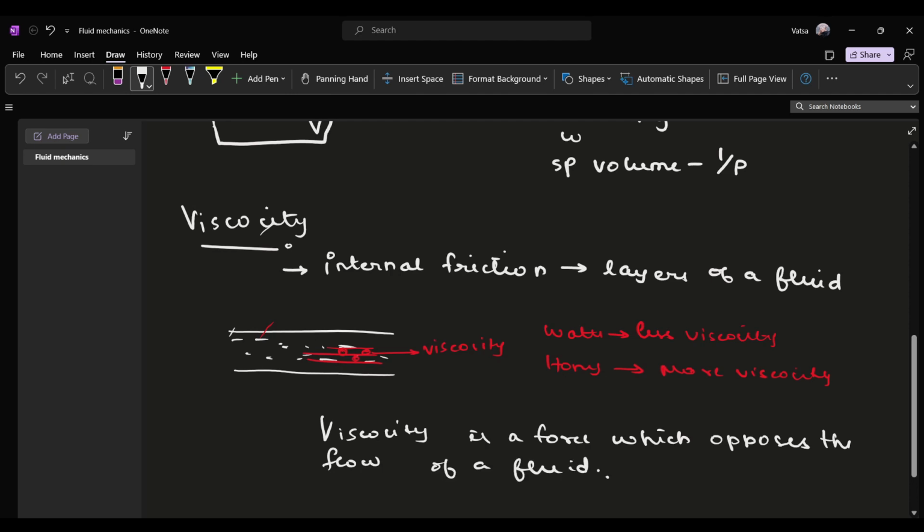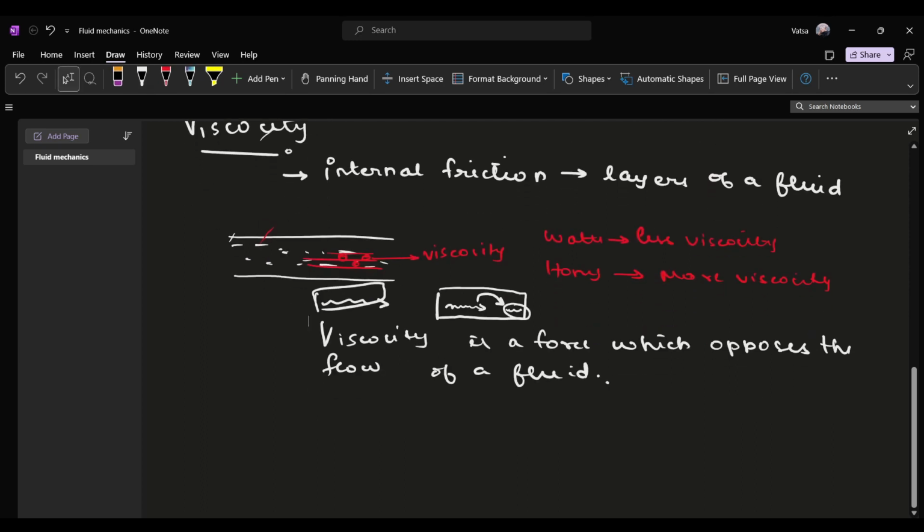It's that simple. So, water can flow very easily, while honey takes a little bit more time to flow. Like we can pour water inside a cup faster than we can pour honey inside a cup, right? So that is because of the action of viscosity. Hope that's clear.